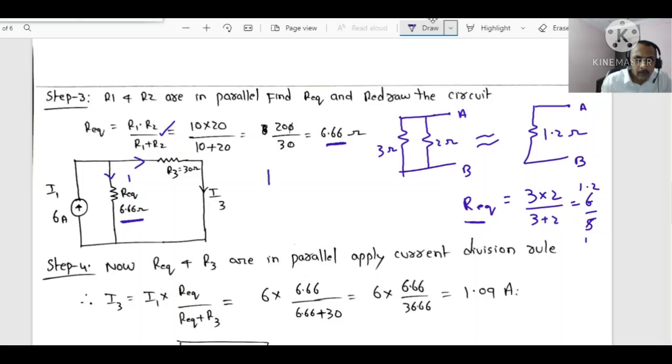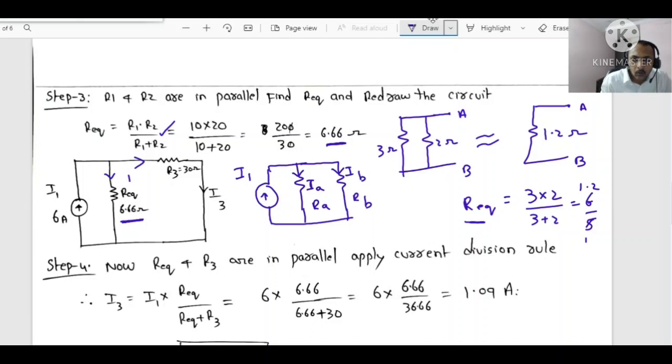For example, if you are having some total current like this, what will the current division rule say? If there is some I1, and you are having two resistors, one with current IA and resistor value RA, and one more resistor with current IB and resistor value RB, right?